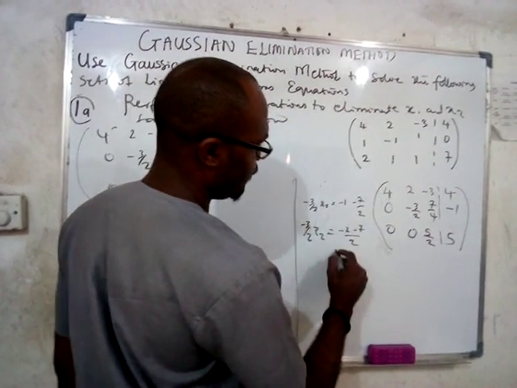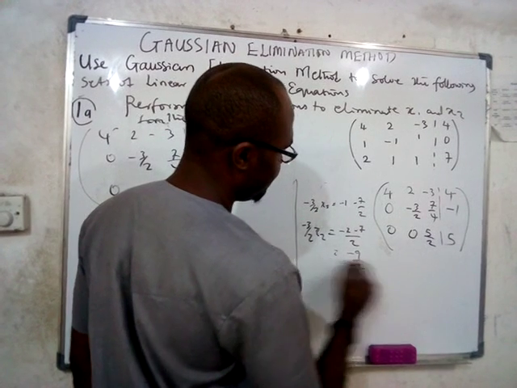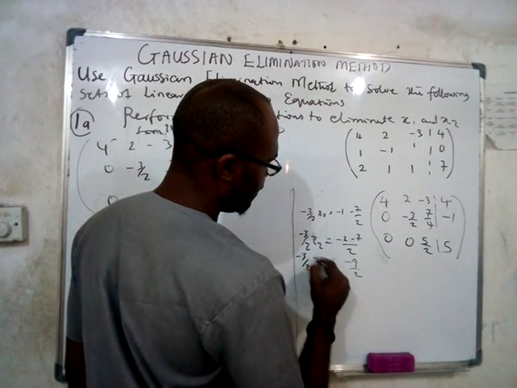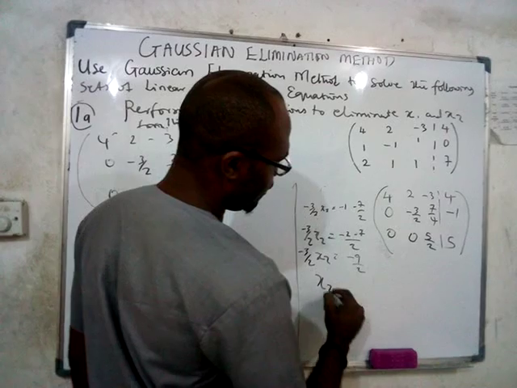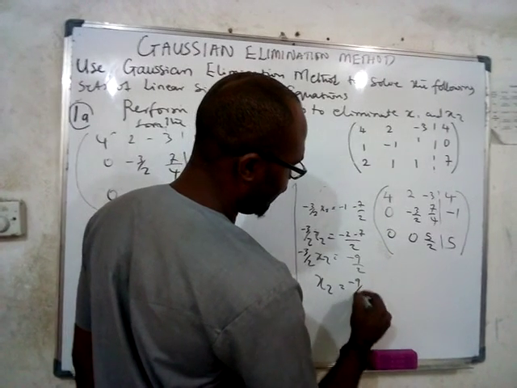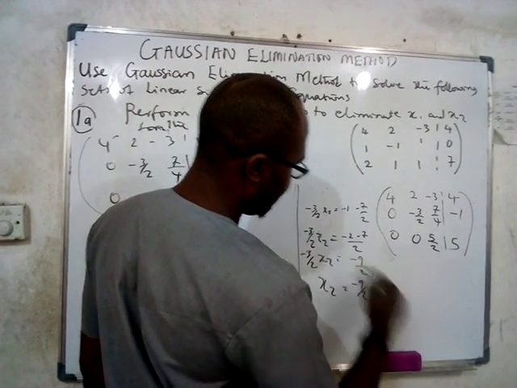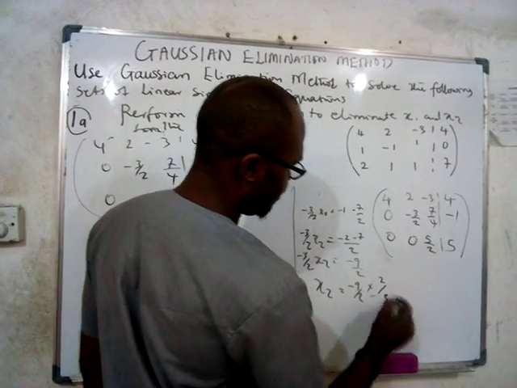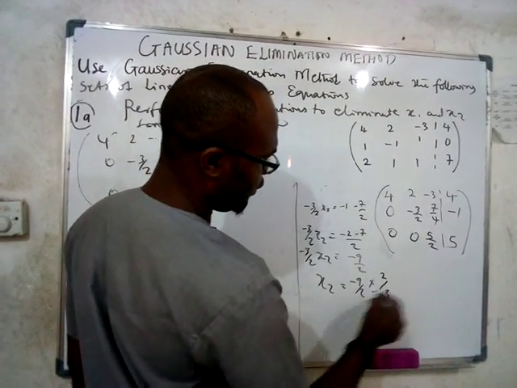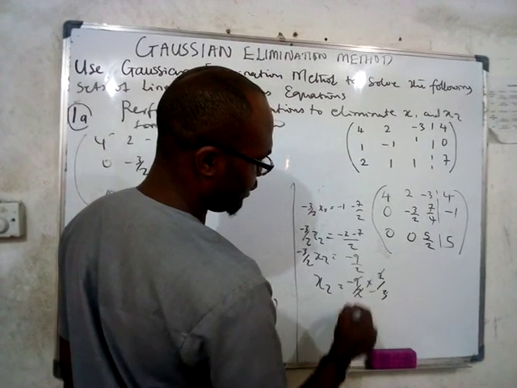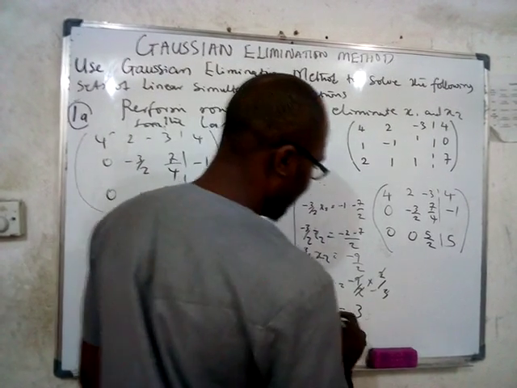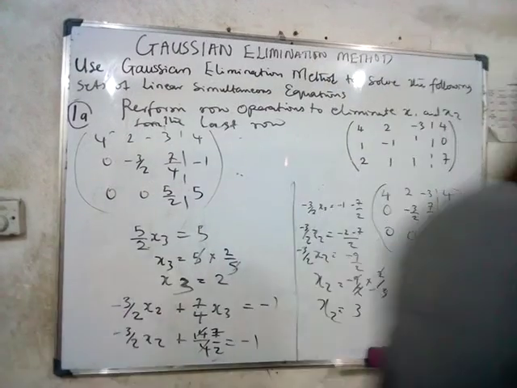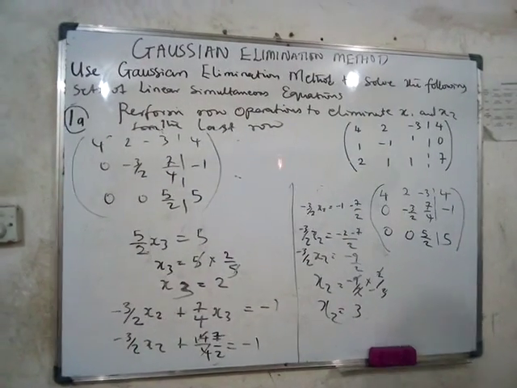Minus 2 minus 7 will give me what? Minus 9 over 2. Minus 3 over 2 x2. So x2 will be equal to minus 9 over 2 times, this coming over will change, 2 over minus 3. So if I cancel, cancel, we get 3. So my x2 is 3. Very, very important. x2 is equal to 3.